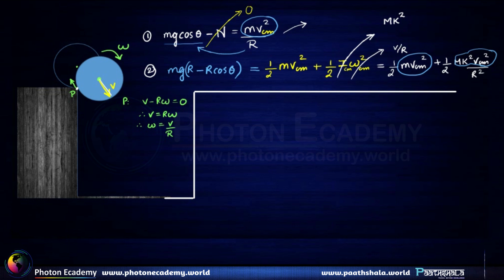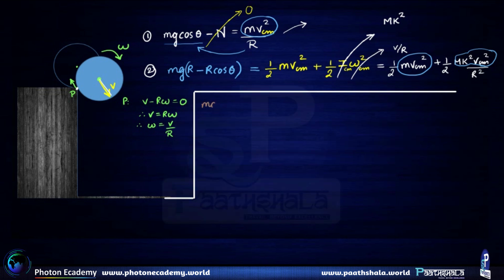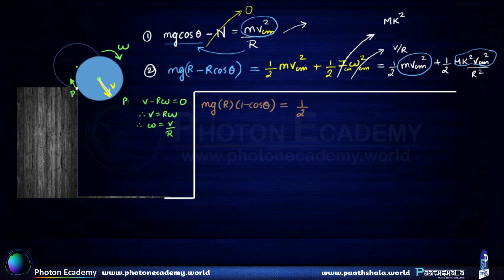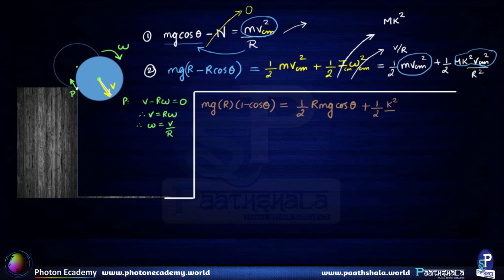Now if I do that and simplify, what do I get? I get mg r 1 minus cos theta is equal to half rmg cos theta plus half k square upon r square, and instead of mv square we are going to write rmg cos theta.